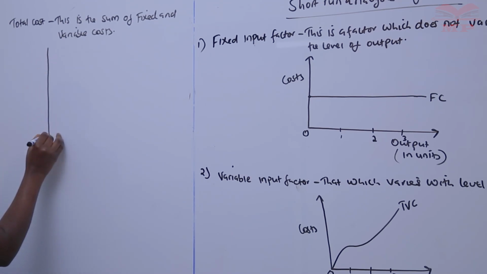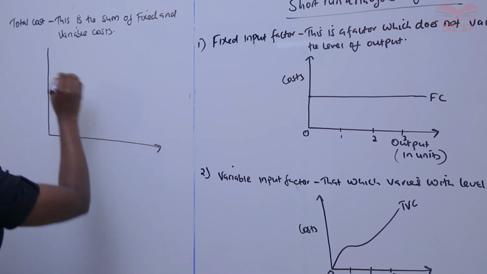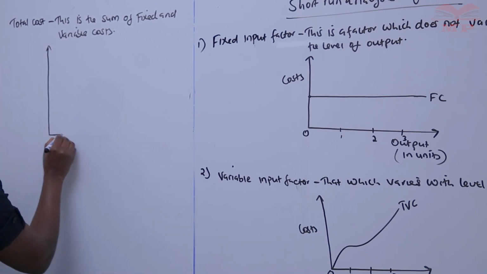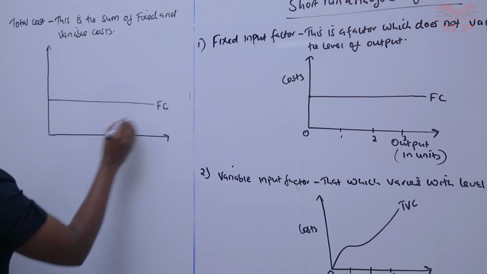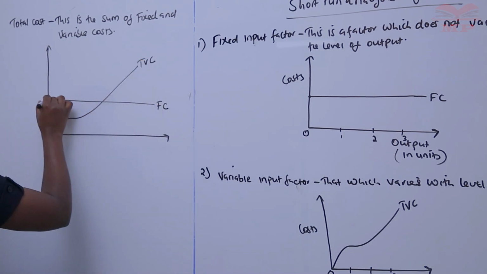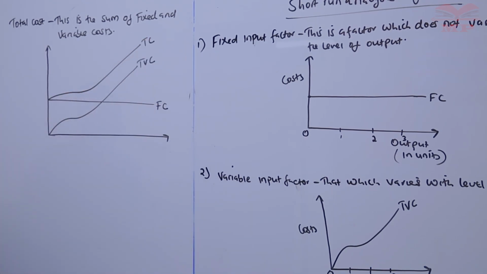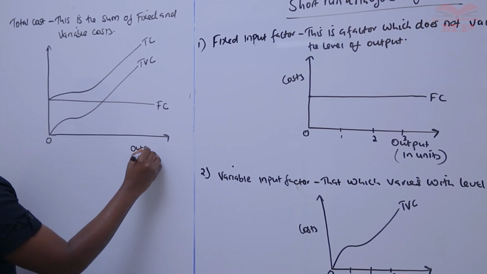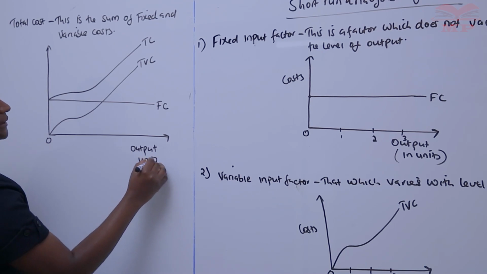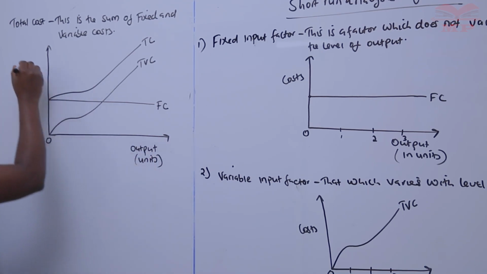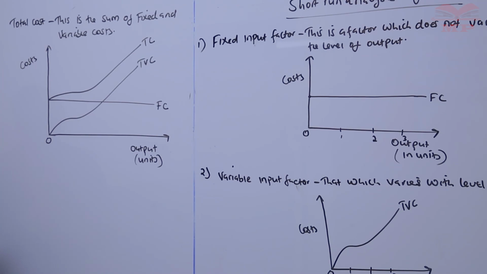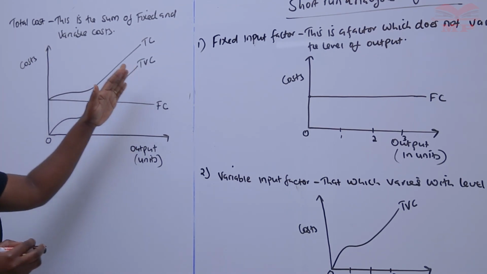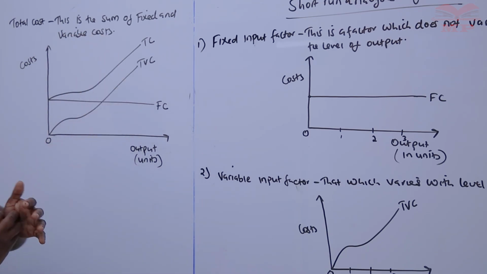This is how we represent a total cost. We have 0, this is output level, which is in units, and then we have cost. So the costs here are fixed costs, total variable cost, and total cost.